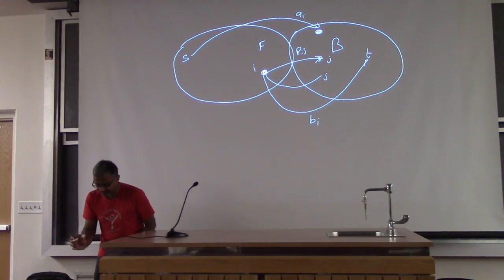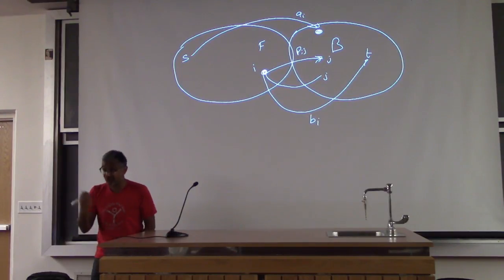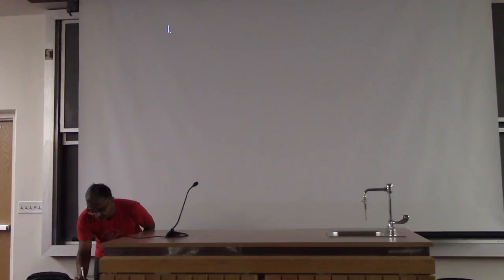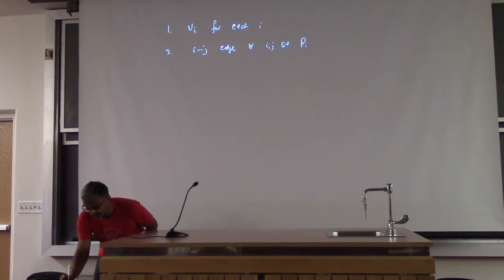What this means is that the construction we do is, step 1, a vertex Vi for each I. Step 2, an edge ij for all ij such that Pij is greater than 0.